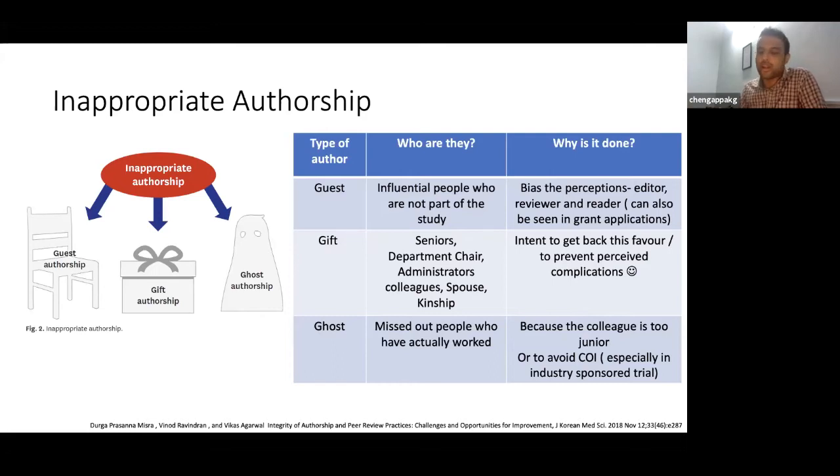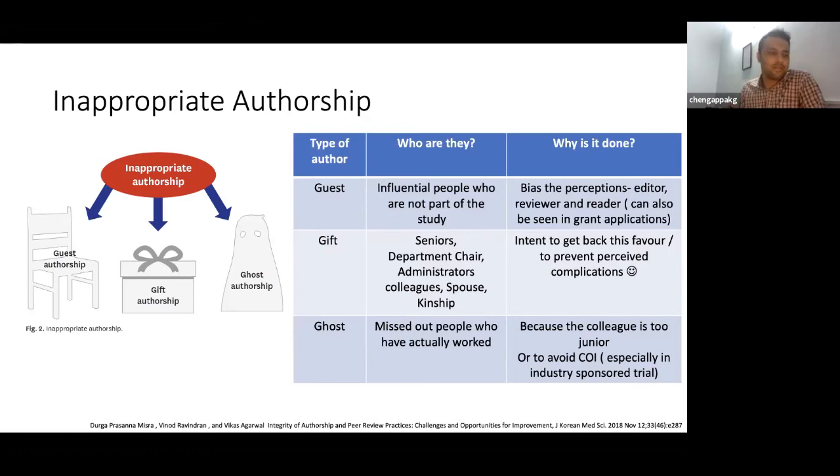He or she has not done any type of work. But why do people do this? People do this because if there is a big name in your manuscript, the chance of publication is perceived to be high, which is not true actually. And then comes gift authorship. We gift authorship to someone, usually the seniors or department chairs or administrators or colleagues or spouse or kinship.